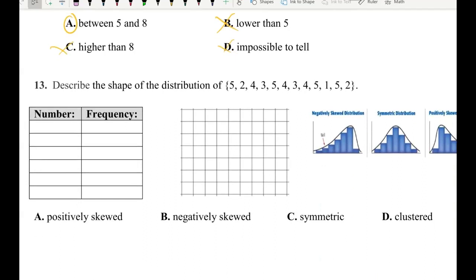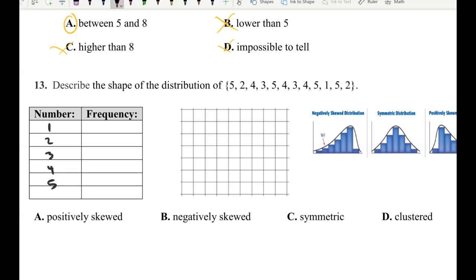Alright, number 13. Describe the shape of the distribution of 5, 2, 4, 3, 5, 4, 3, 4, 5, 1, 5, 2. First we're going to put them in a frequency table, then we graph it, and then we see what the distribution looks like. The numbers start from 1 and go up to 5, so I'm going to write 1, 2, 3, 4, 5.